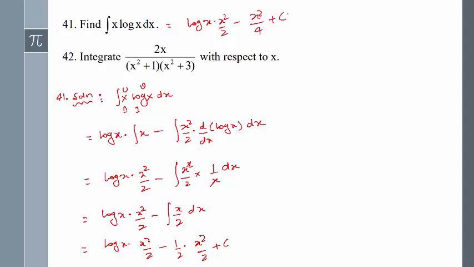Problem number 42. That is integration of 2x divided by x square plus 1, x square plus 3 with respect to dx.